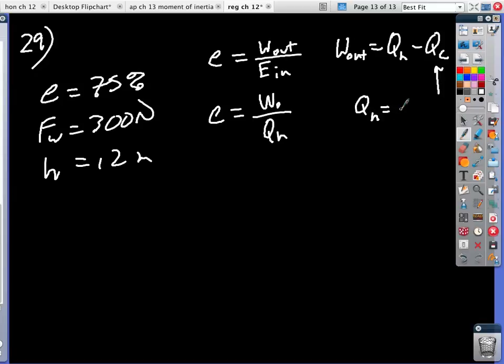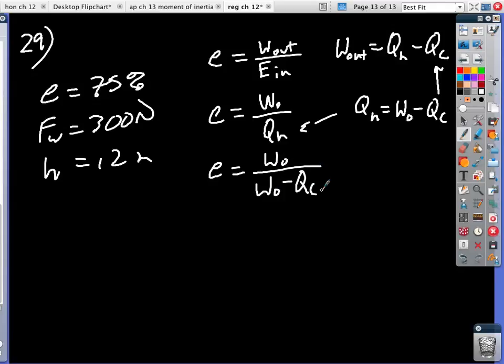QH is equal to WO minus QC, and then plug it in here. So we get WO over WO minus QC. And then we can solve this for QC.